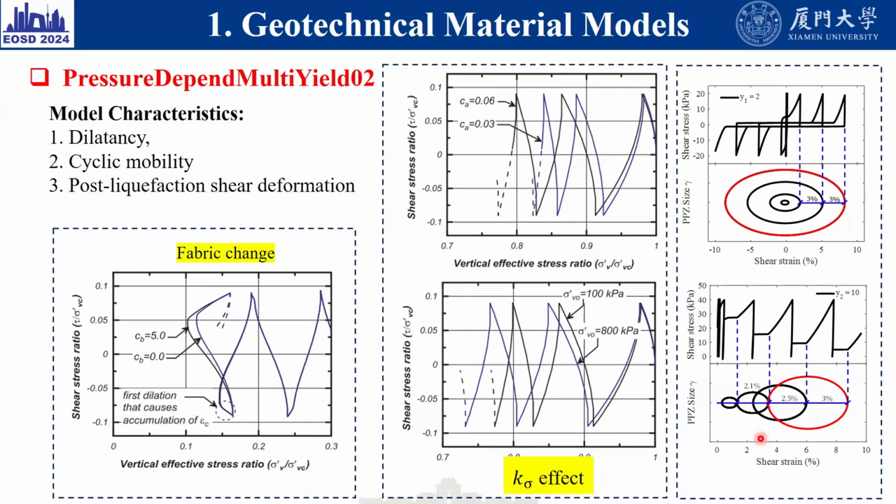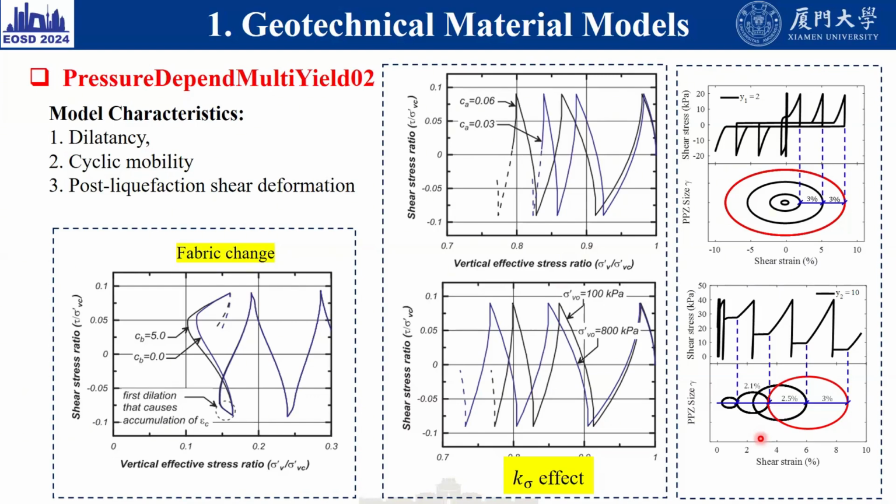Fabric change is now well recognized by researchers because the soil is made of particles, right? During shaking or during shearing, the fabric will change. So we include this feature.